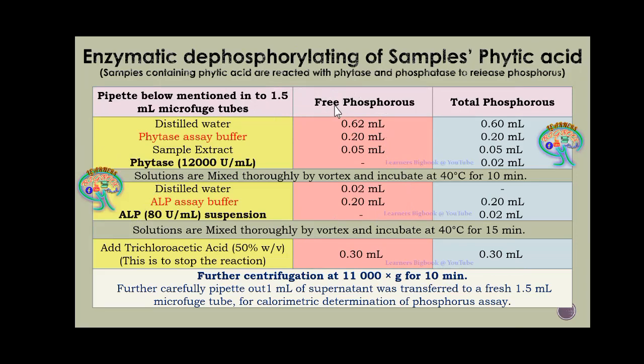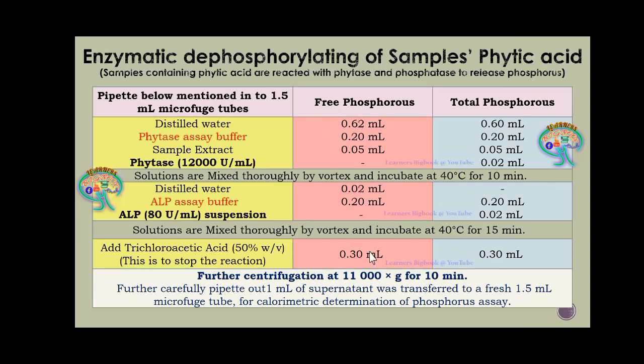Free phosphorus in the sense that, before the treatment of the sample with the phytase or the alkaline phosphatase suspensions, the free phosphorus is present, which is not bonded with the phytic acid. So if you include that phosphorus during the calculation, it can give wrong results, that is the wrong amount of phytic acid present in the sample.